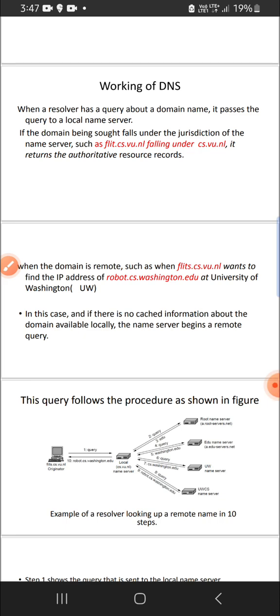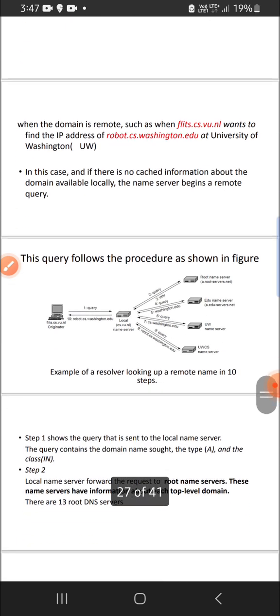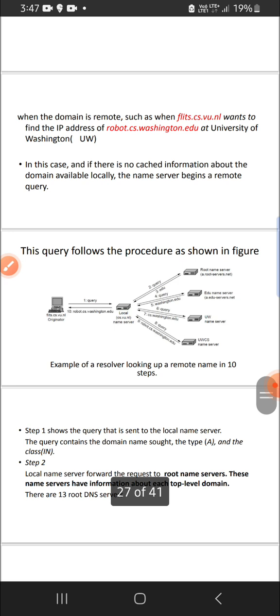Step 1 shows the query that is sent to a local name server. The query contains the domain name, the type, and the class IN. Step 2, the local name server forwards the request to the root name servers.